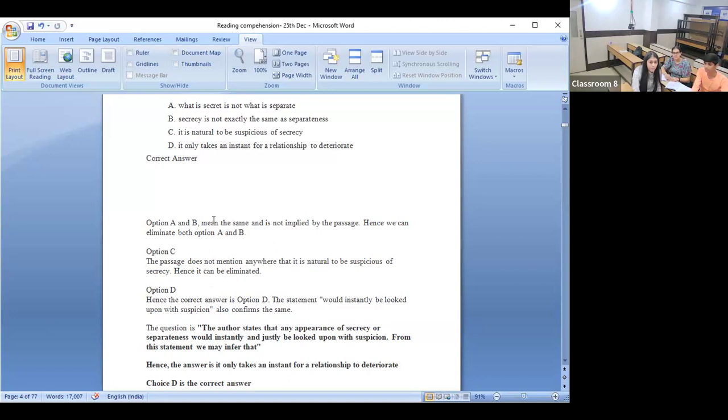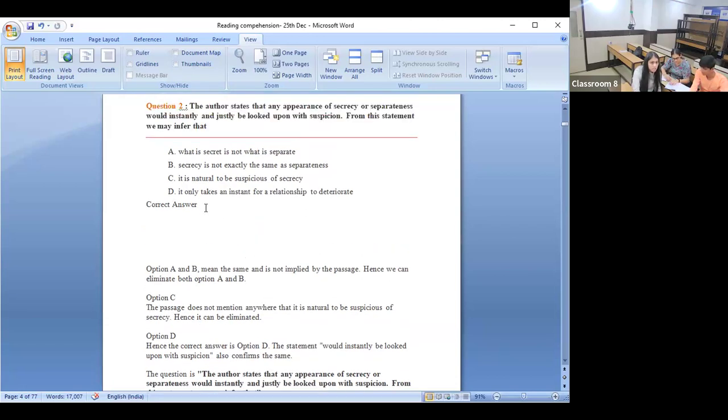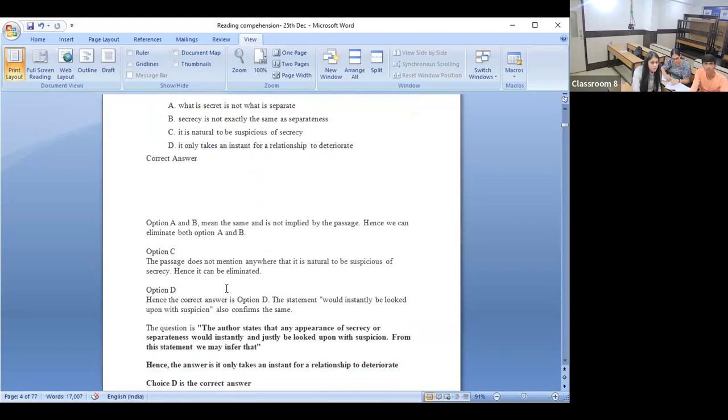Okay, so if we eliminate A and B, then in C and D, the statement would instantly be looked upon with suspicion also confirms the same. Does it do that? It takes an instant for a relationship to deteriorate. Does it make sense to you?